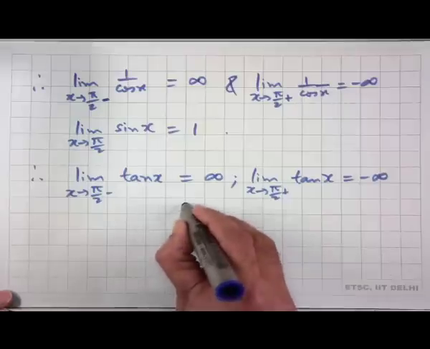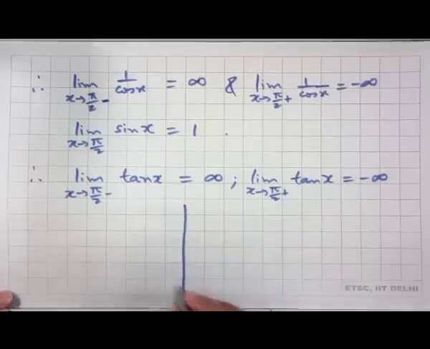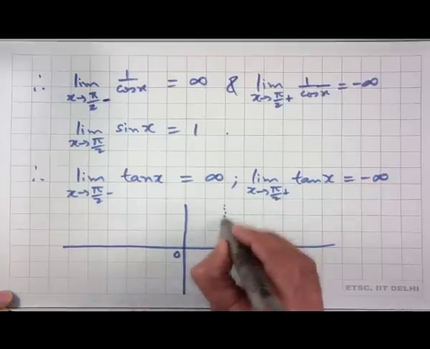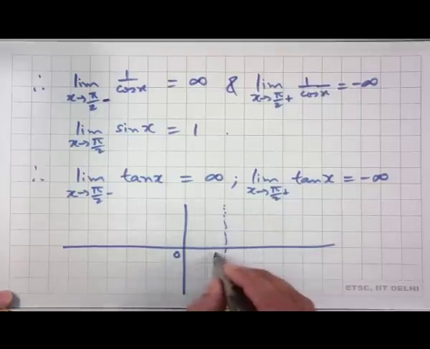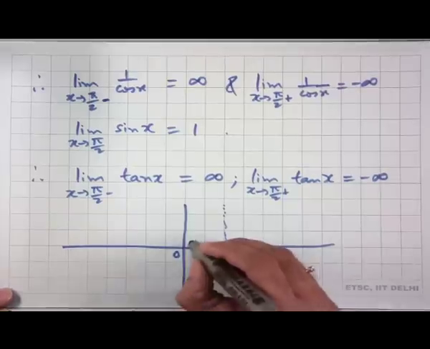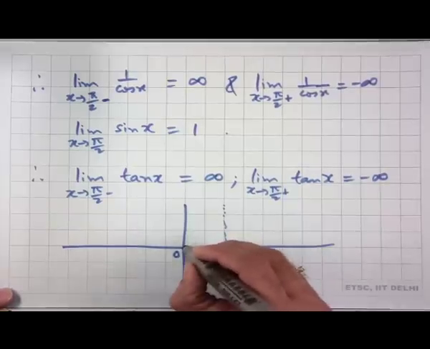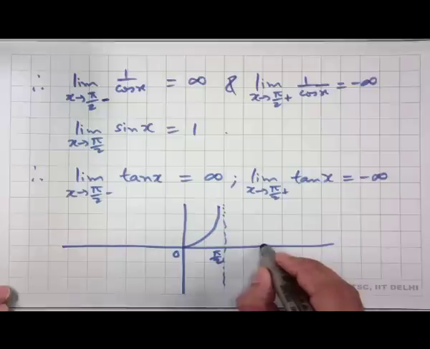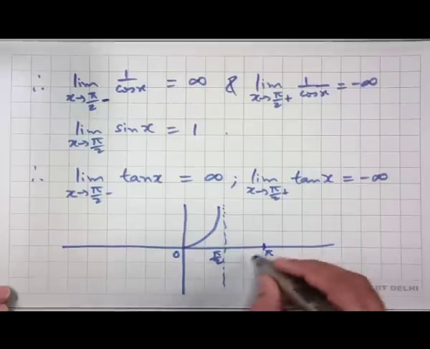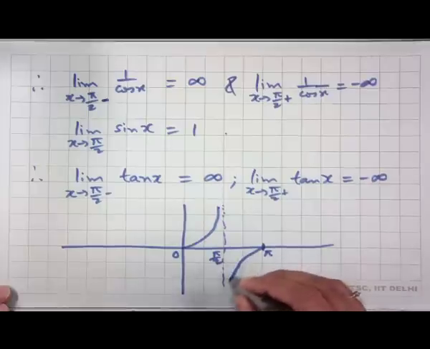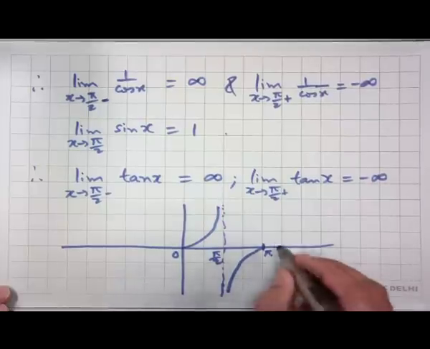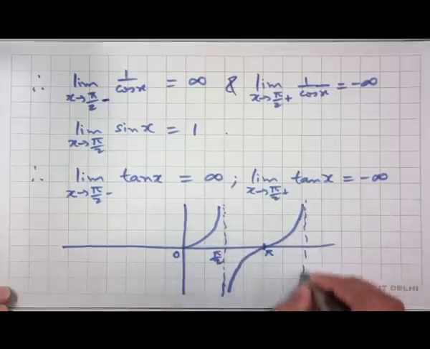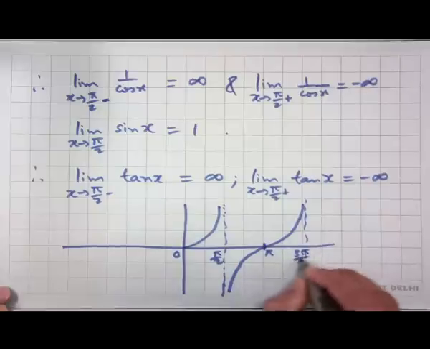This you can also see from the graph of tan of x, which is not defined at pi by 2, and from 0 as you go to pi by 2 it goes to infinity, then again it is 0 at pi, and this side it goes like this. Right.